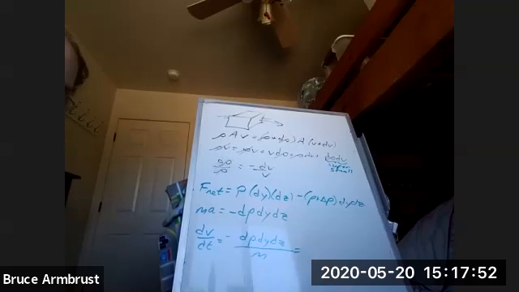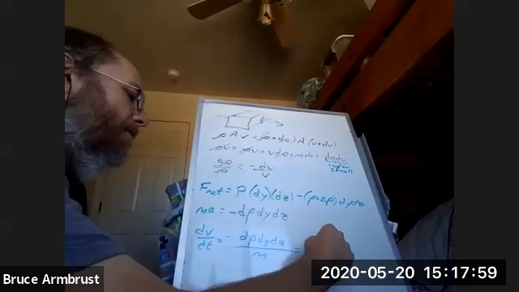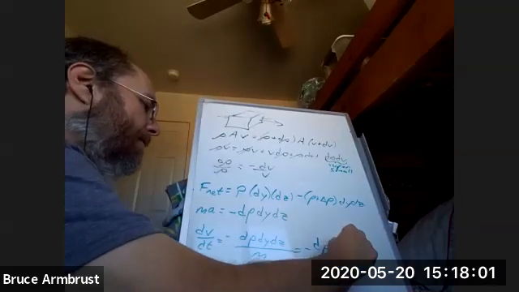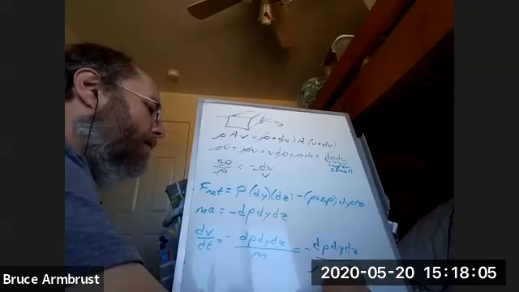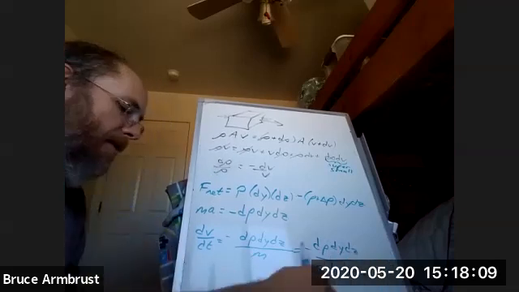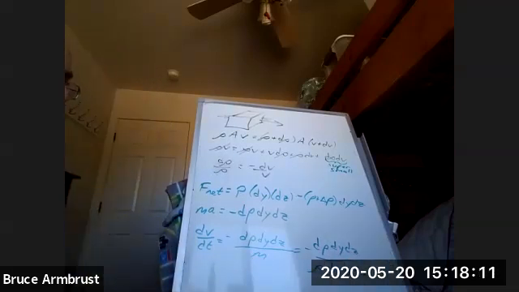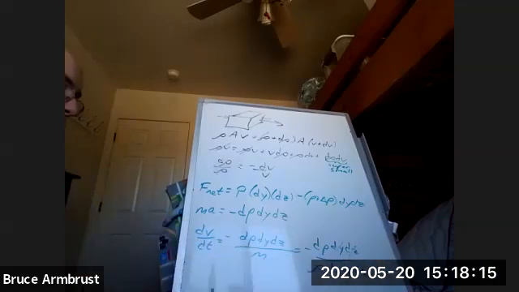And the mass is just the density times the volume, so we get minus dP dy dz over rho times dx dy dz. And all kinds of stuff cancels, the dy's and the dz's.